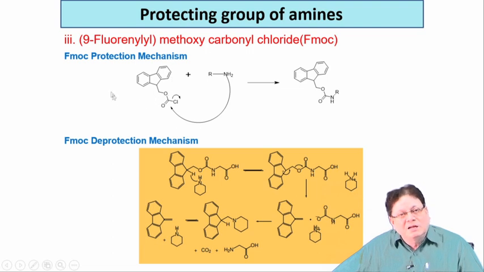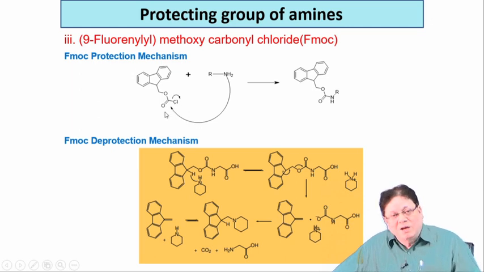Okay, this has nothing to do with your elemental fluorine. The spelling is different. Elemental fluorine has an I here, and in this case this is an aromatic hydrocarbon that is called fluorene, and then there is a carbon, and then you have fluorenyl oxo. So, it is a chloroformate again, the same thing like the benzyl chloroformate, and RNH2 attacks this.